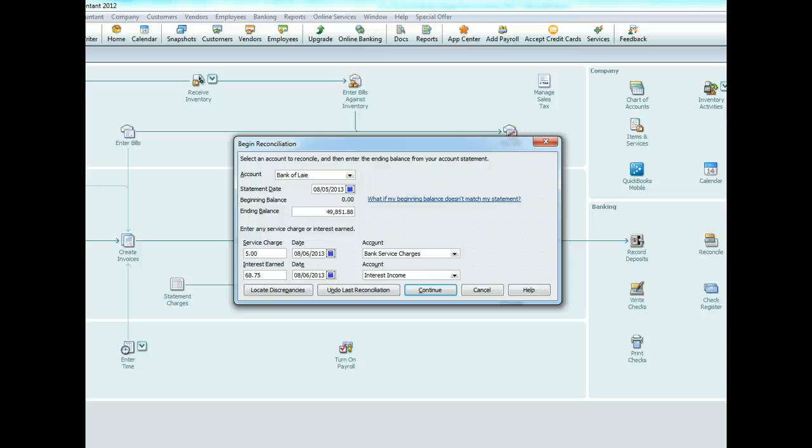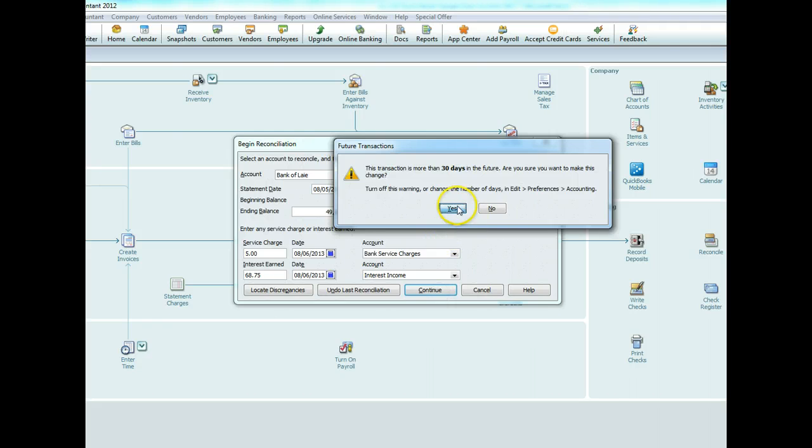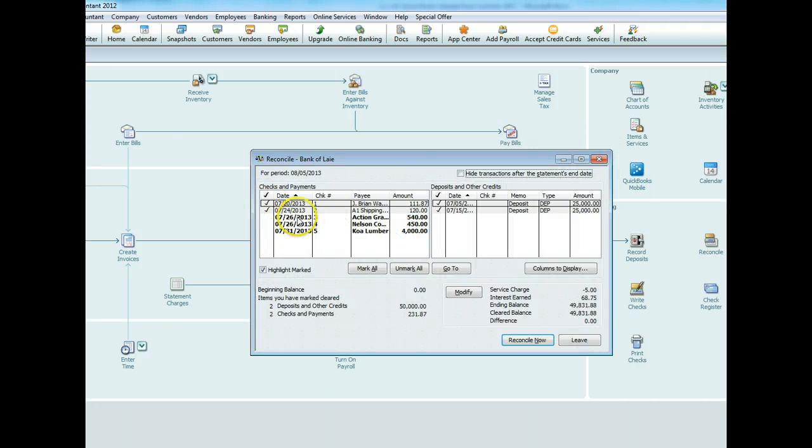So I have actually 3188. Let's try this. So we'll continue, and now I have zero difference. So you can see I made the same mistake that I was warning you about.